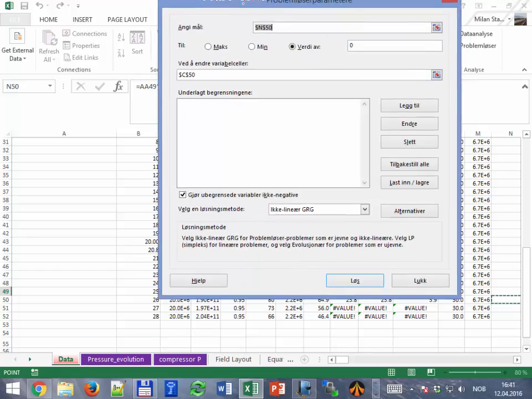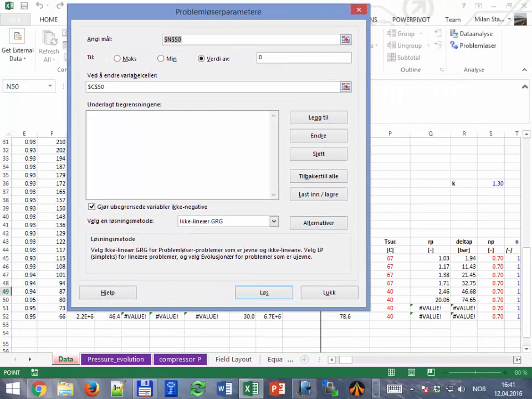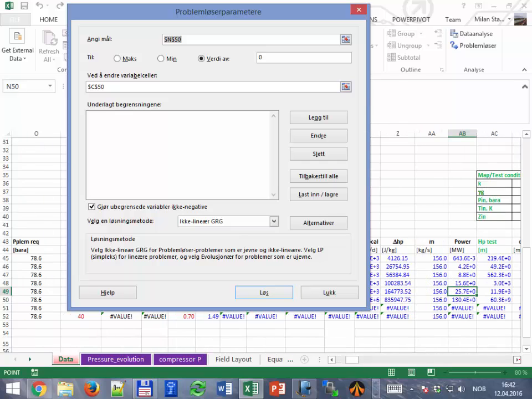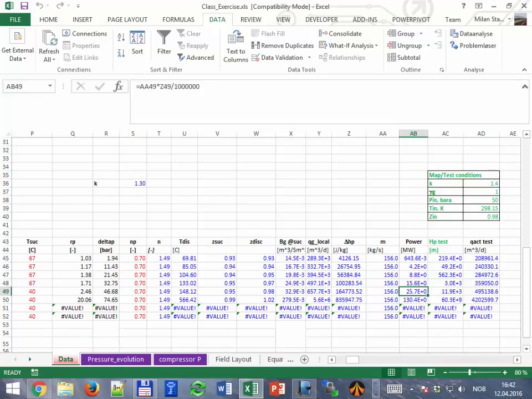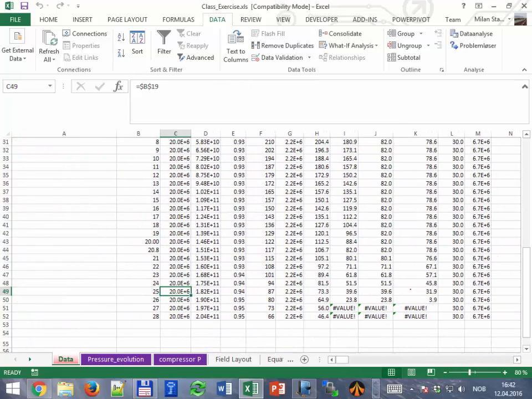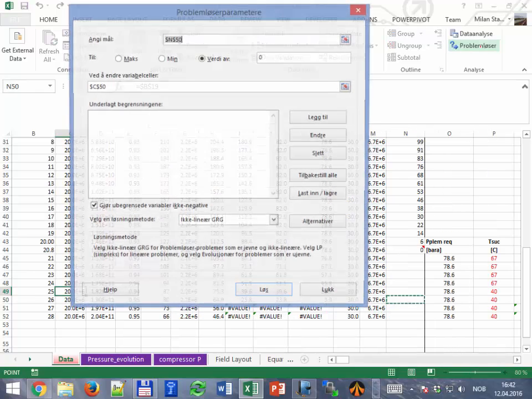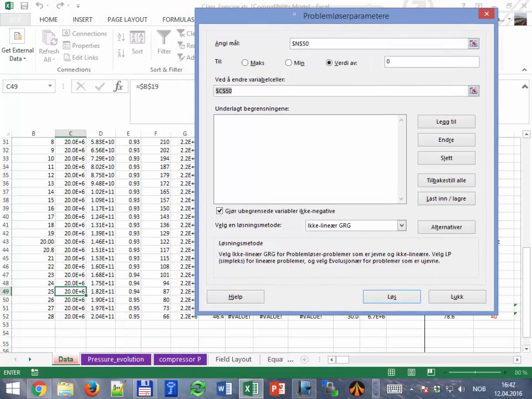Where we have the violation is here, and that's which year? 25. Okay. I say, please solver change, I want to change the rate of the field, how much I am producing. That is this 20 value here.